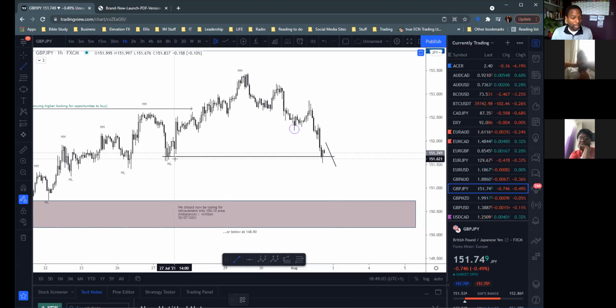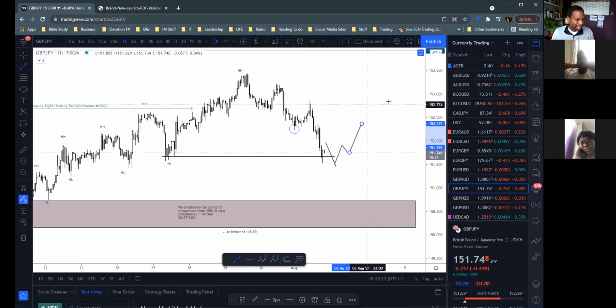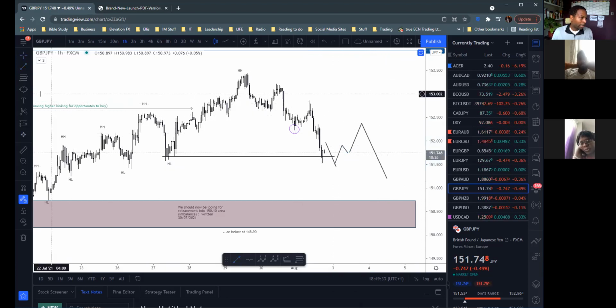I need to get out. I may not get out in profit, but I want to get out with the smallest loss possible. So at the break of this higher low, I'm going to wait for the retracement. When I see some form of retracement, maybe it will give me a little bit of profit, maybe it won't. I'm not going to go into the details of how and where exactly to get out, but I'm going to wait for the retracement, knowing that the market is going to make what we call a lower high.